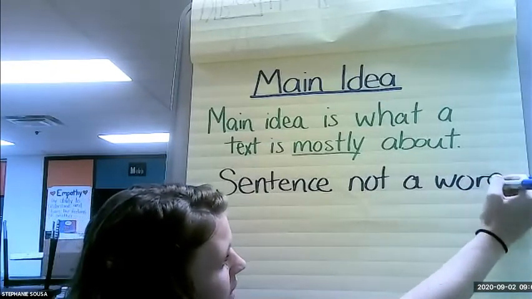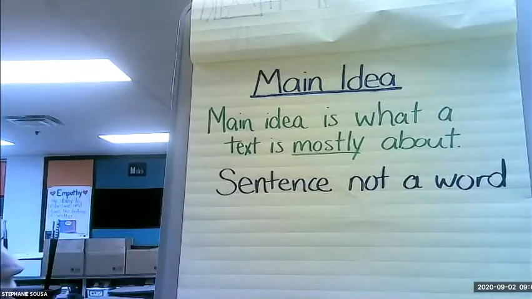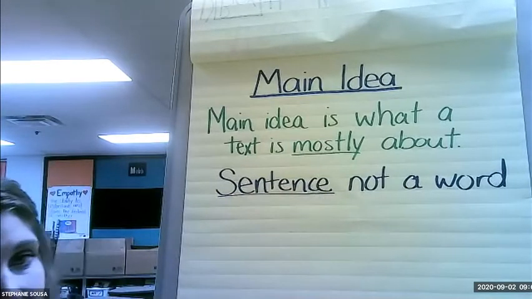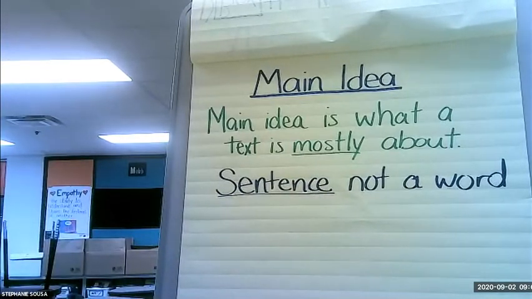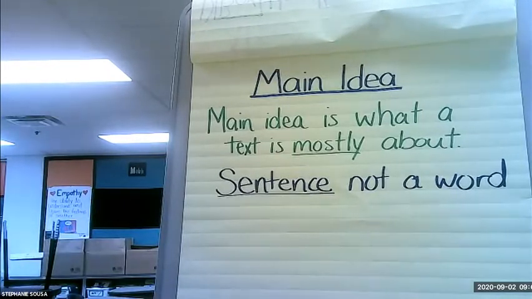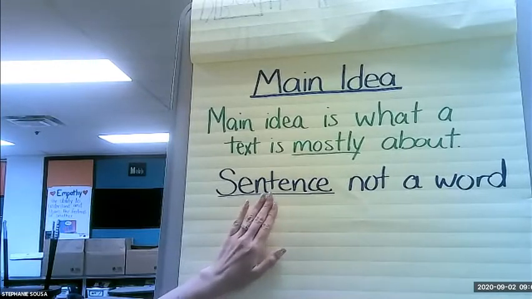It is not a word. And here's what that means. When you are saying what the main idea of a text is, you will not tell me one word. So here's an example of something that would be wrong. The main idea is flowers. That's a word, which means it's a topic. A main idea is a sentence that gives you specific information about the topic.